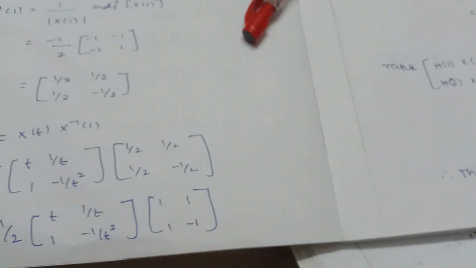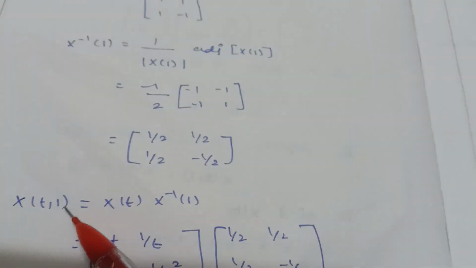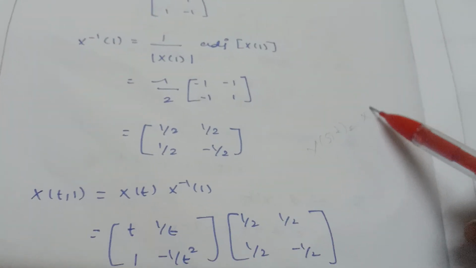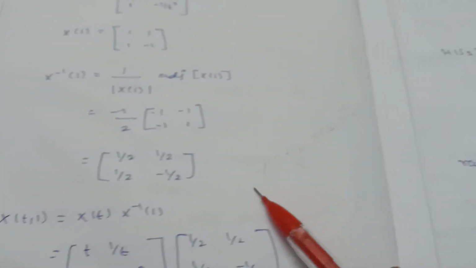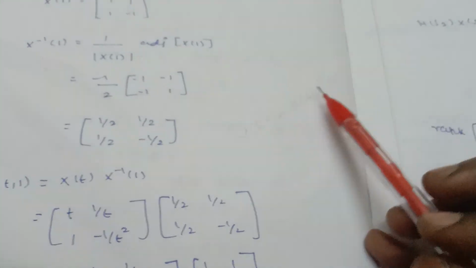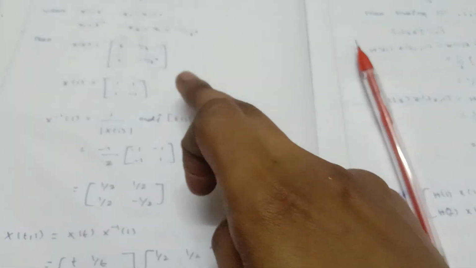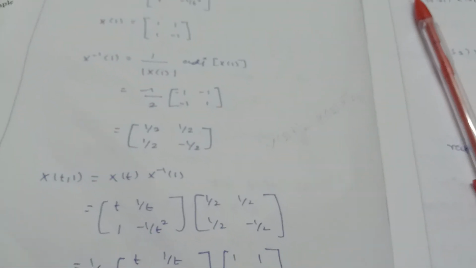We have to find x of t comma 1 for the fundamental matrix. So x of s comma t can be written as x of s into x inverse of t. So x of t comma 1 can be written as x of t into x inverse of 1. We know x of t is t, 1 by t, 1, minus 1 by t square.